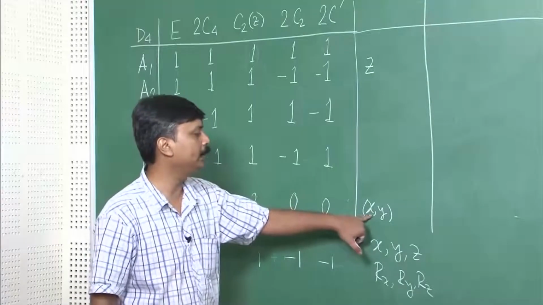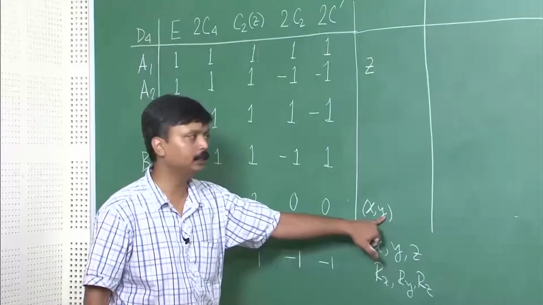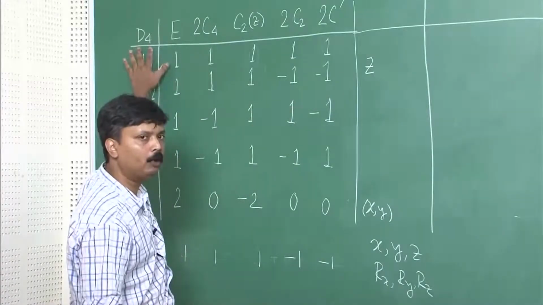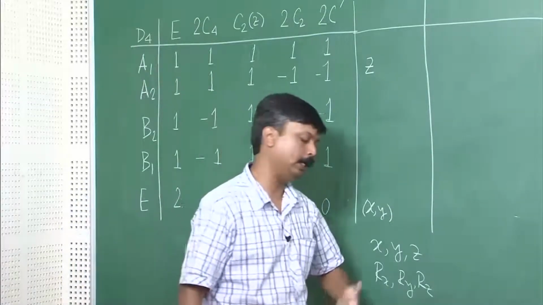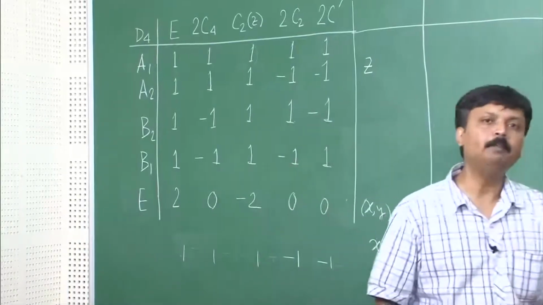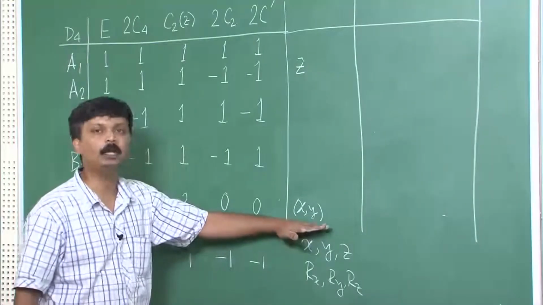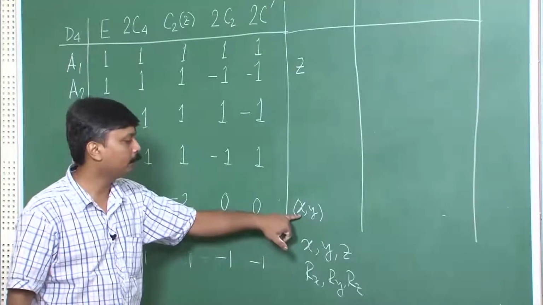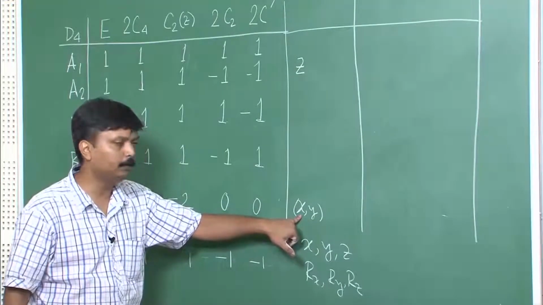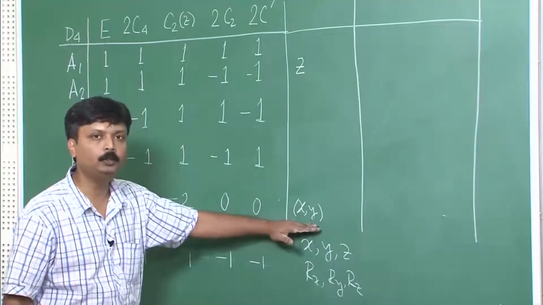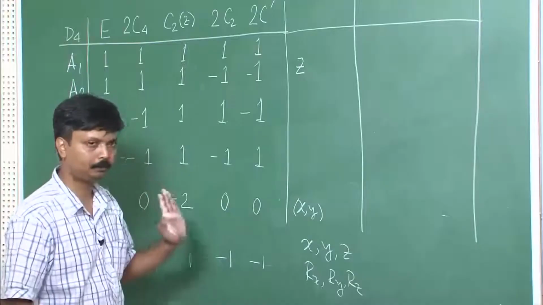So individual x or y cannot form a basis for any of the irreducible representations for this particular point group. For any other point group, it may, okay, but in this particular case they are not capable of working as basis functions individually. They transform together as E.